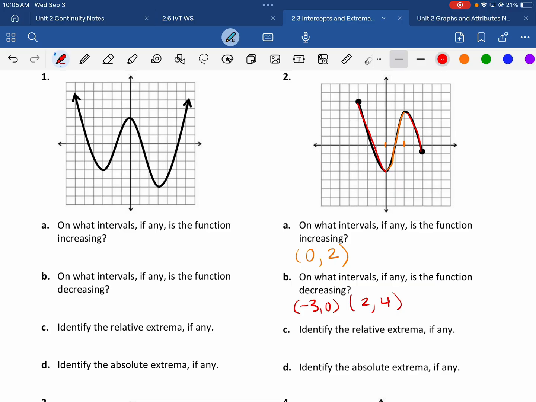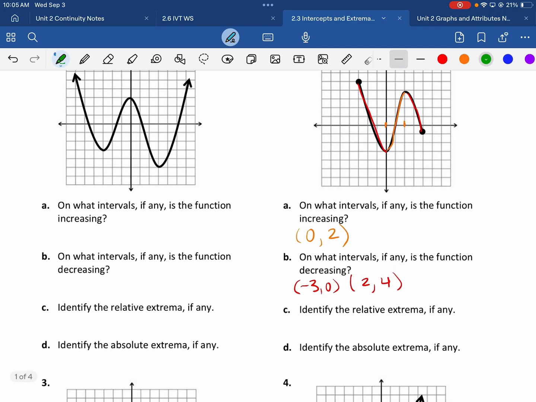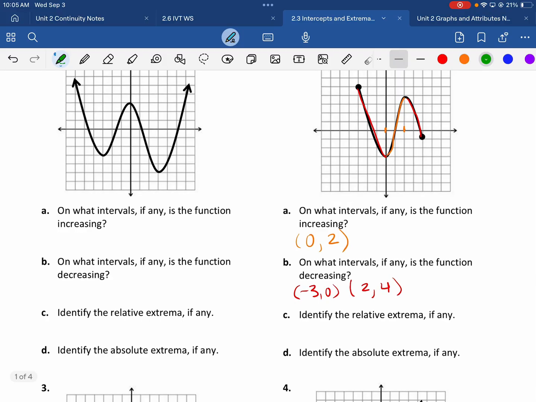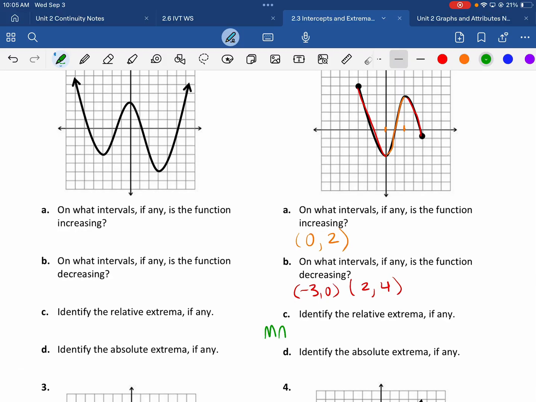Now for the extrema. Let's do maxes first. Where do you have a relative maximum? So remember, maxes make the hump. Relative are the humps. 2, 4 is the maximum, that's right here.